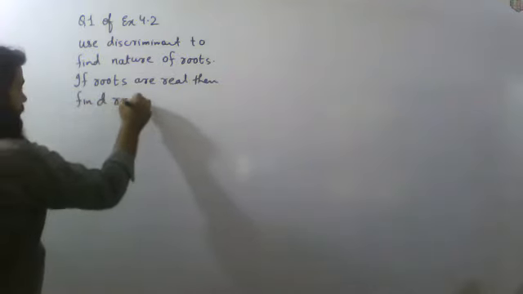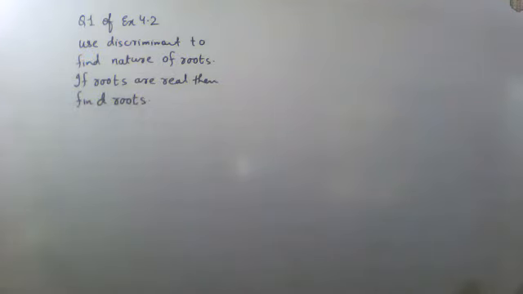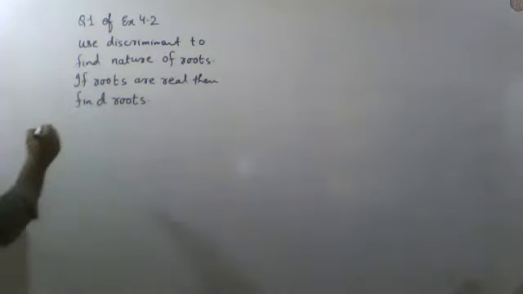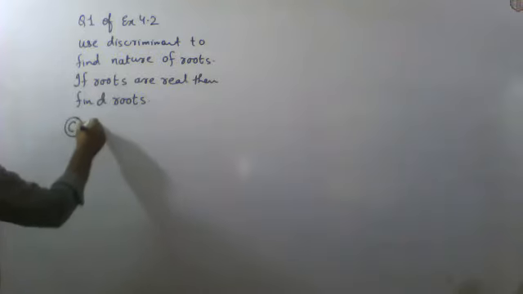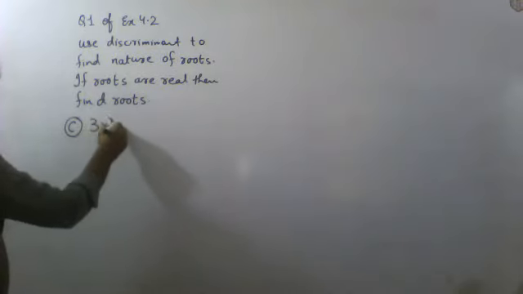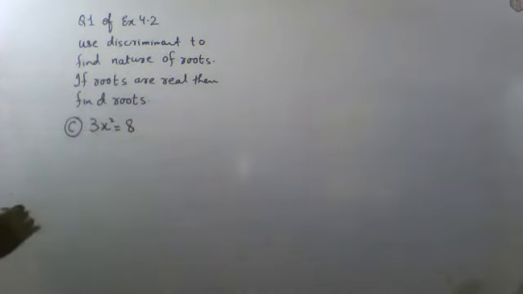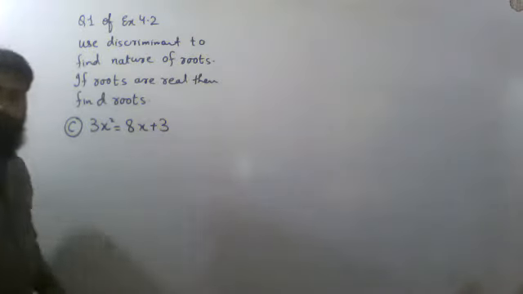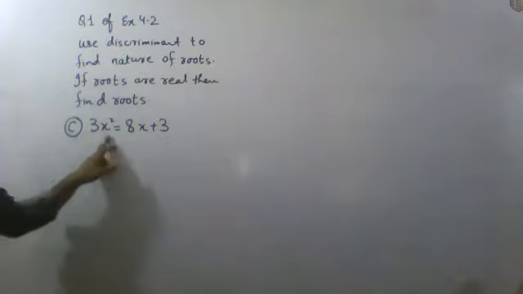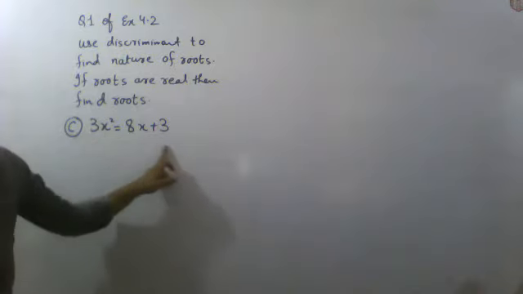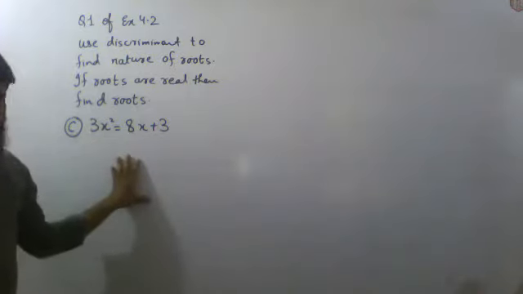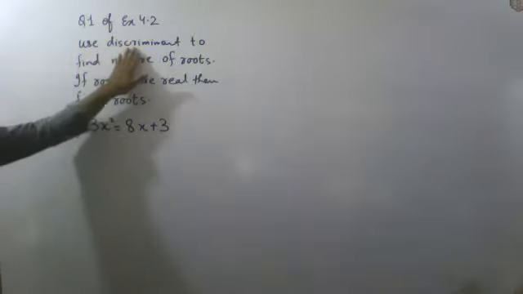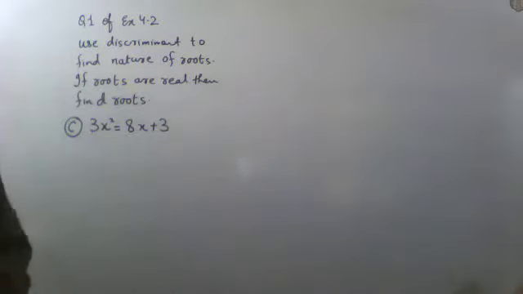If roots are real, then you are going to find roots over there. Okay. C part is saying 3x square equals to 8x plus 3. This is my question. They are saying use discriminant to find nature of root.